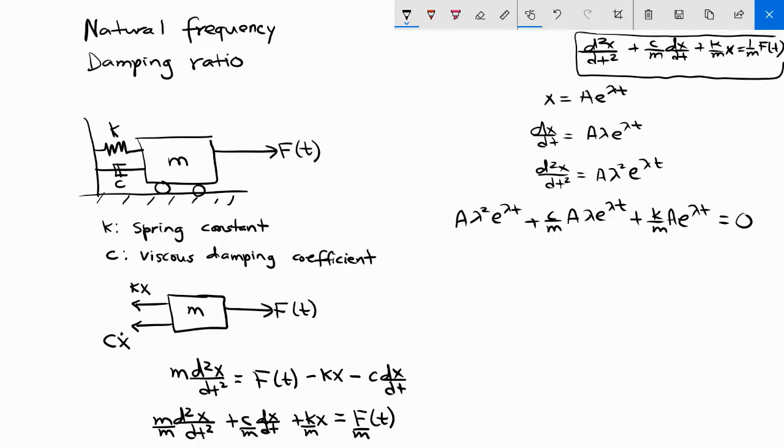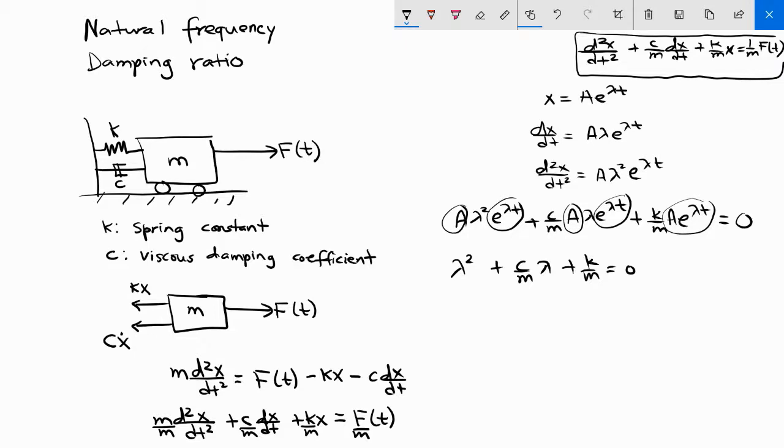So for simplicity, we will only obtain the homogeneous solution, which is the reason I have kept 0 on the right hand side. Now here you may notice that A times e to the power lambda t is common in all terms. So we will get rid of it, and we obtain lambda squared plus c over m lambda plus k over m equals 0.